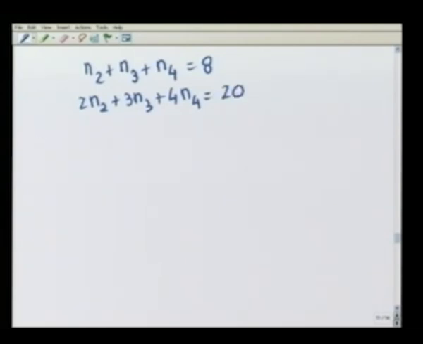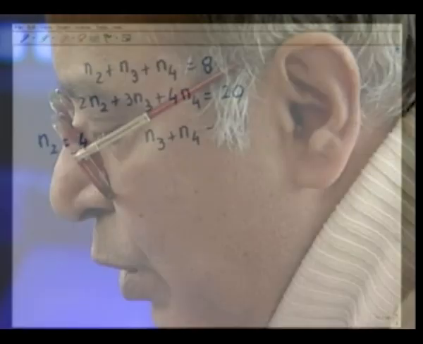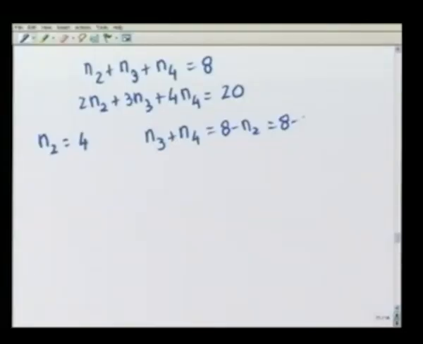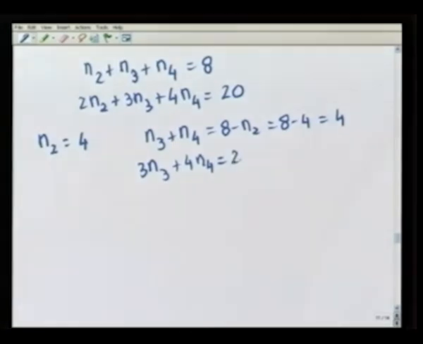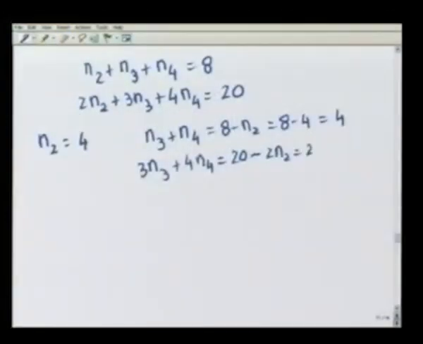If we assume that the value of n2 is 4, then from these 2 equations we get n3 plus n4 equal to 8 minus n2, that is 8 minus 4 is equal to 4. And from the second equation we get 3n3 plus 4n4 is equal to 20 minus 2n2, that is 20 minus 2 into 4 is equal to 12.